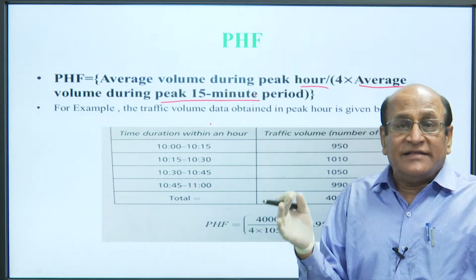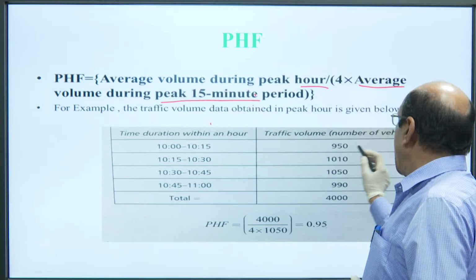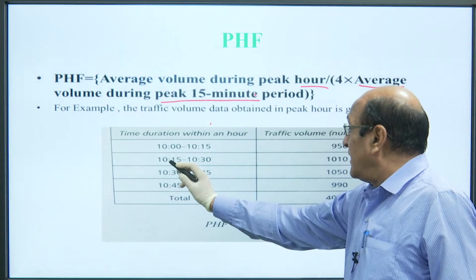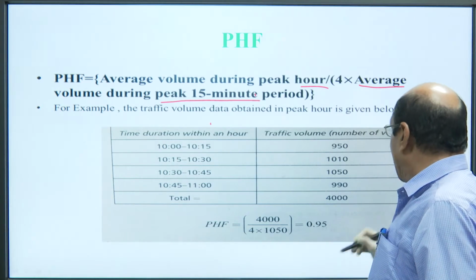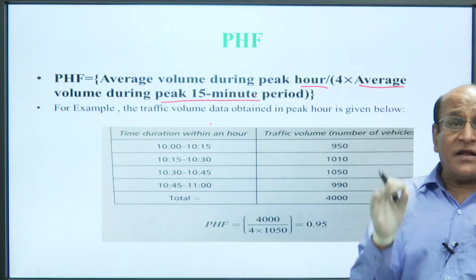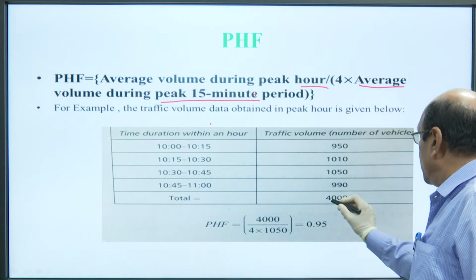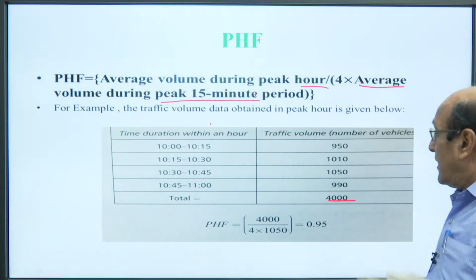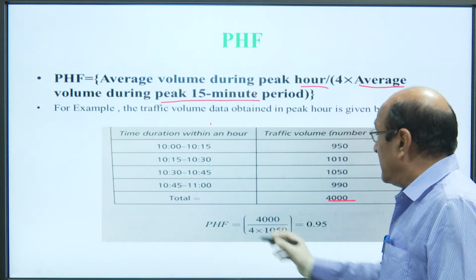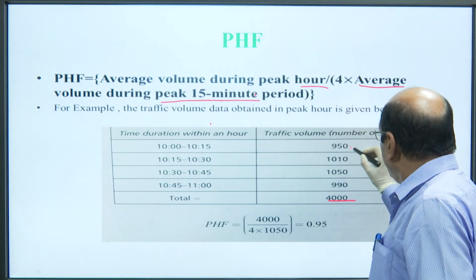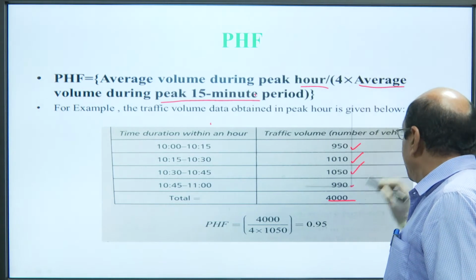We divide this 1 hour into 4 parts: 10 to 10:15, traffic volume is 950; 10:15 to 10:30, 1010, and like that. The total number of vehicles in the peak hour is 4,000.